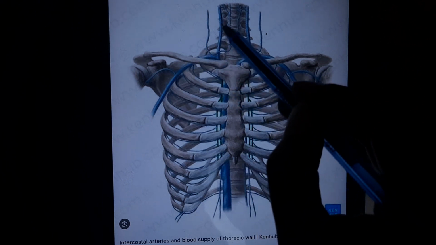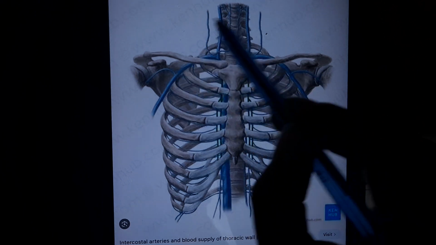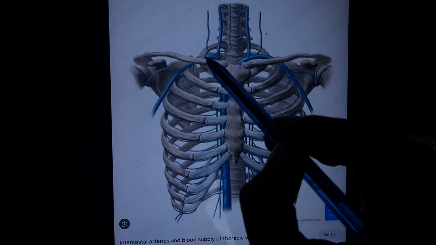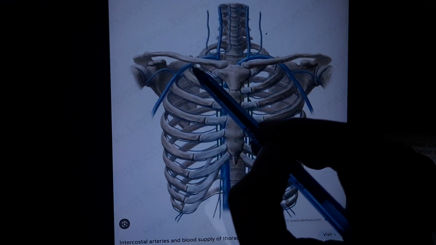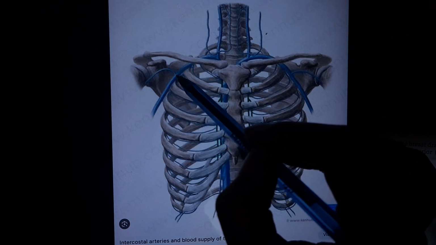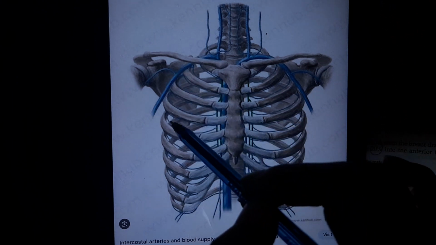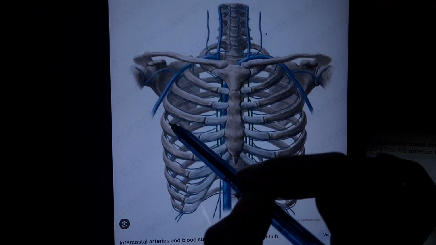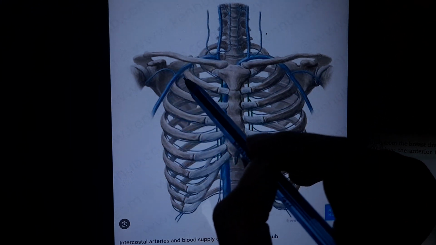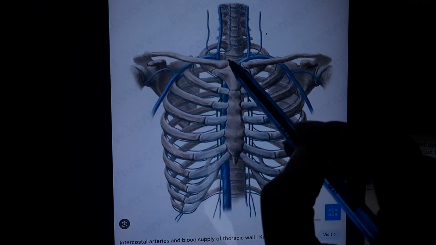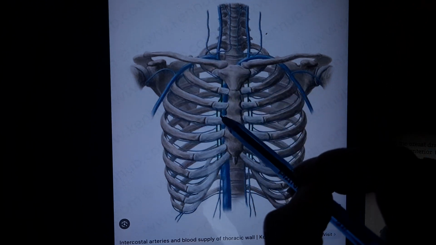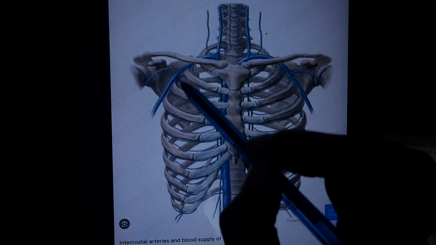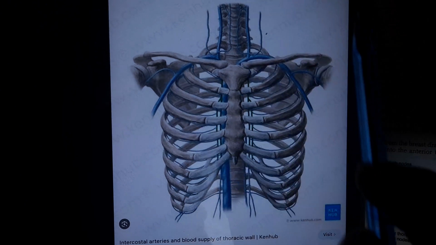Then your deep structures will go to your axillary vein. So deep structures will drain into the axillary vein and sometimes into the posterior intercostal veins, which come from the backside. So superficial into the superficial veins of the neck and internal thoracic; deep into axillary and posterior intercostal veins.